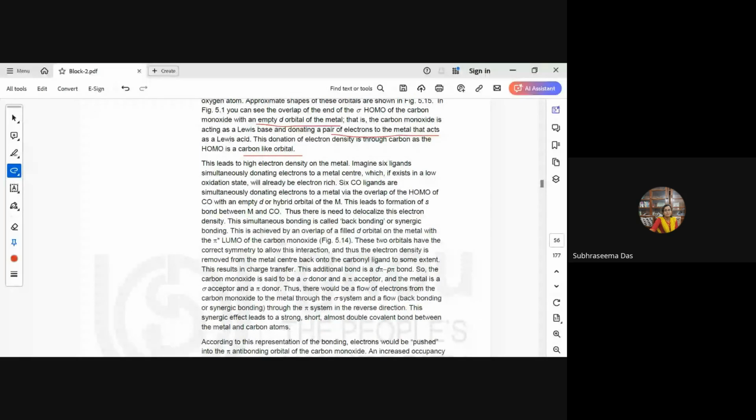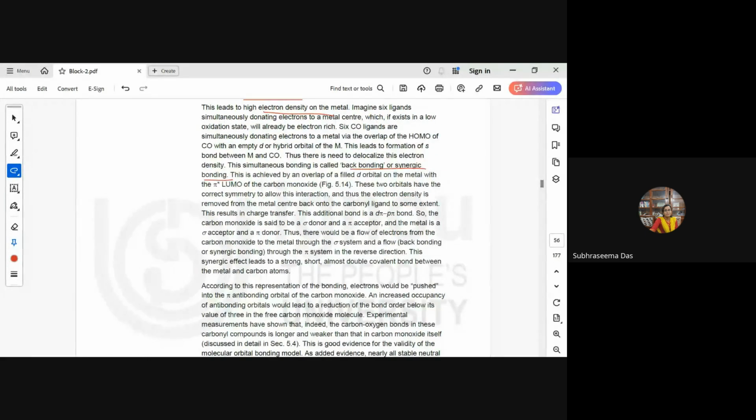As a result of this increase, to delocalize this electron density, there is a simultaneous bonding which we call back bonding or synergic bonding. This back bonding is achieved by an overlap of the filled d orbital on the metal with the pi star LUMO of the CO. These two orbitals have the correct symmetry to allow for this interaction, and thus the electron density is removed from the metal center back onto the CO to some extent.